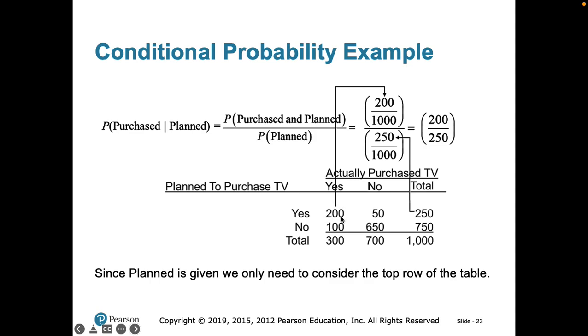That is this 200 here divided by the total sample, 1,000. And then you're going to divide that by the probability of those who plan to purchase a TV. So here it is, the probability of those who plan to purchase a TV is 250, right? These people say yes, and these people say yes, that's 250. So 200 divided by 1,000, and then you have 250 divided by 1,000. When you simplify those, you have 200 divided by 250.